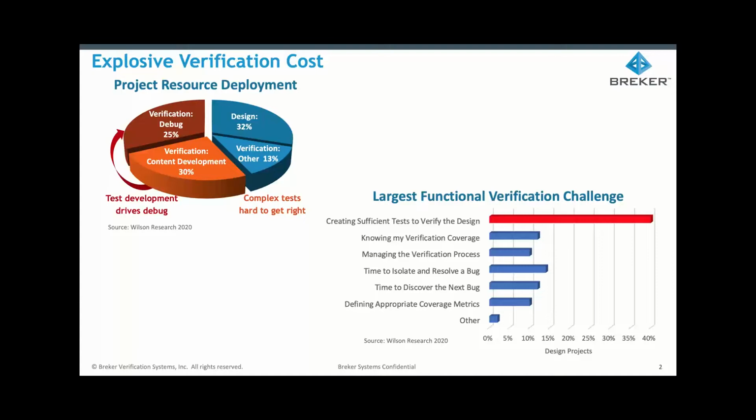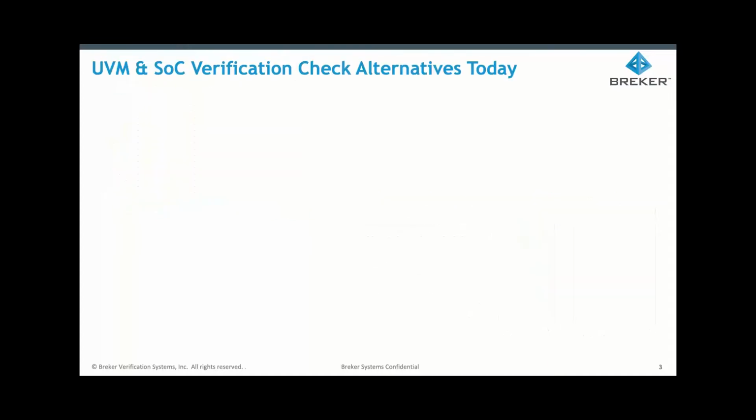And when you dissect that, getting the checks right, and indeed the coverage models, which I would argue is part of the checks, is a major part of that process. So the idea of automating this, or at least improving it in some way, is a very productive thought.